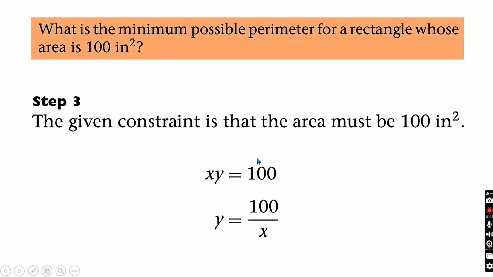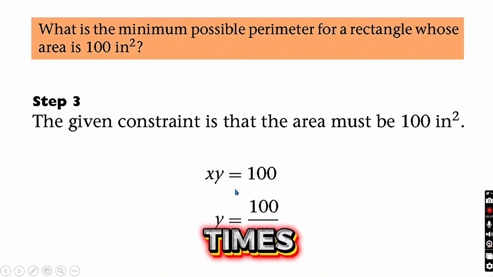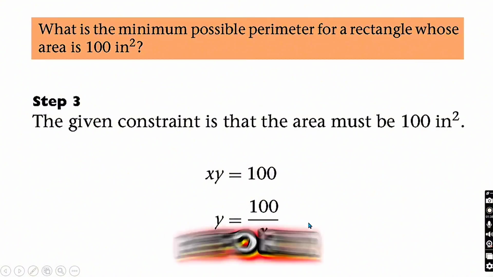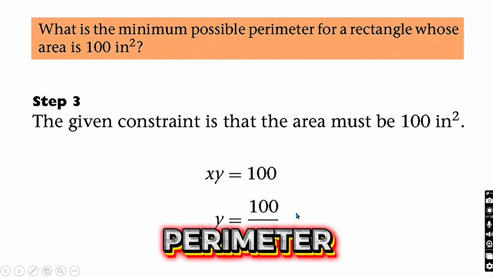So we need the formula for the area of a rectangle, which is area equals length times width. We have here x times y equals 100, and we will express it in terms of x. So y is equal to 100 over x, and we will use this one for the perimeter.